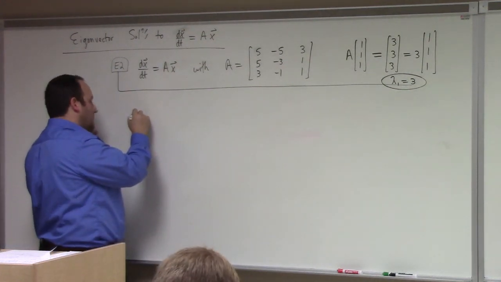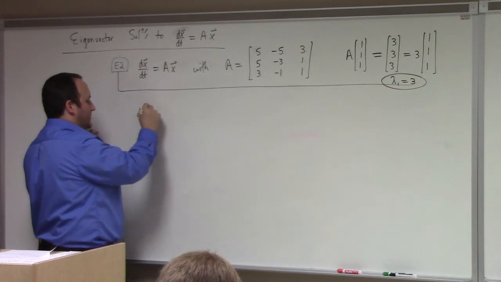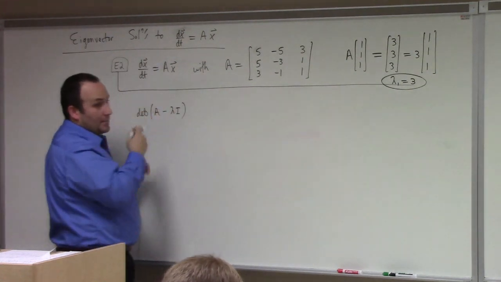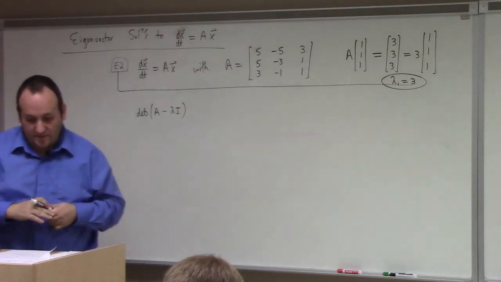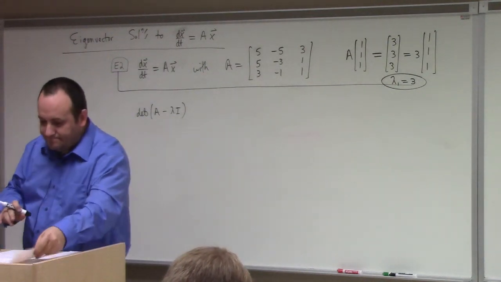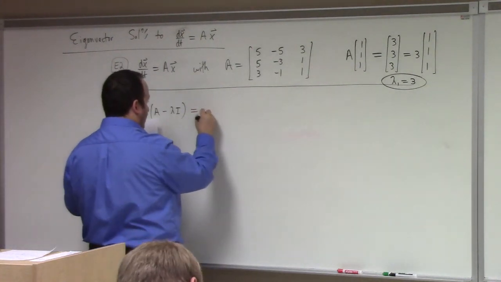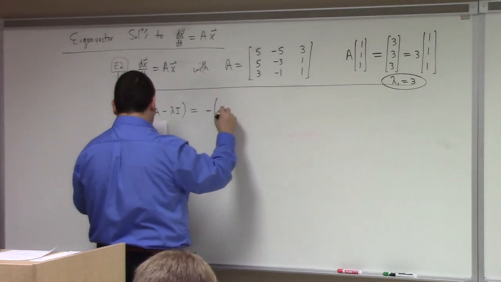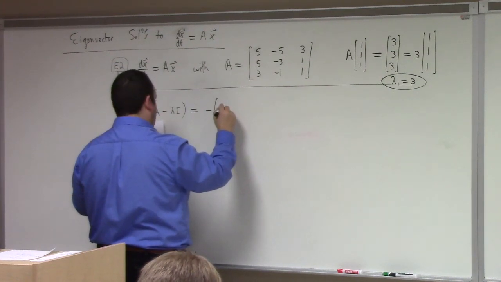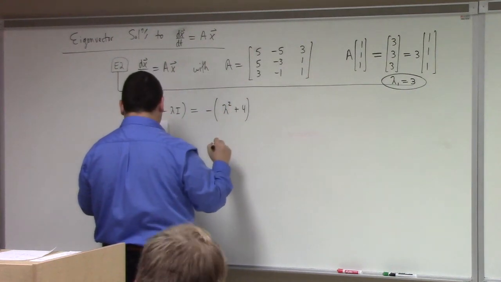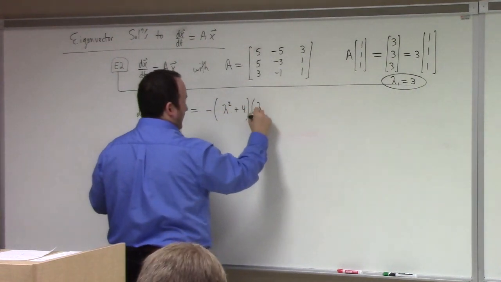So anyway, you calculate the determinant of A minus lambda I. I'm not going to spend 20 minutes to do it, but if you do it, it will work out to minus, parentheses, lambda squared plus 4, times lambda minus 3.